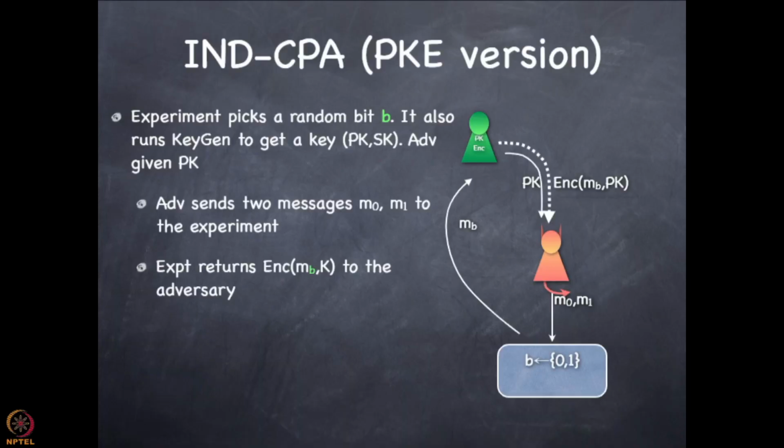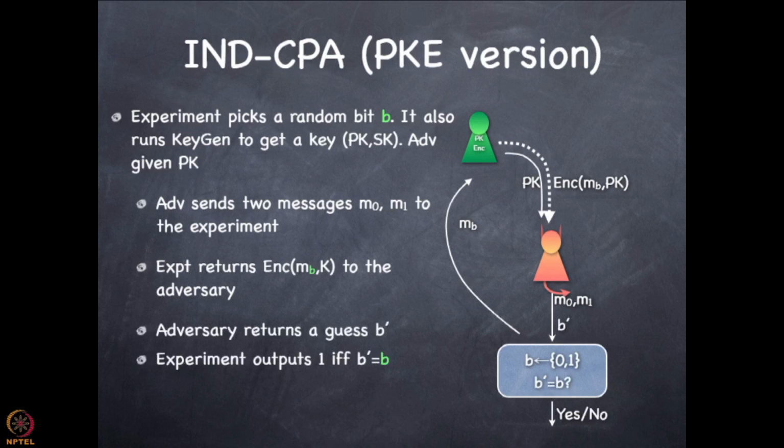So it's a little simpler definition than what I showed you for the symmetric key encryption version. Because there is a public key, it's easier to write it this way. Of course, if you want, you can put the loop also. It's an equivalent definition, and there's a non-trivial proof saying those two definitions are equivalent. But let's go with the simpler definition.